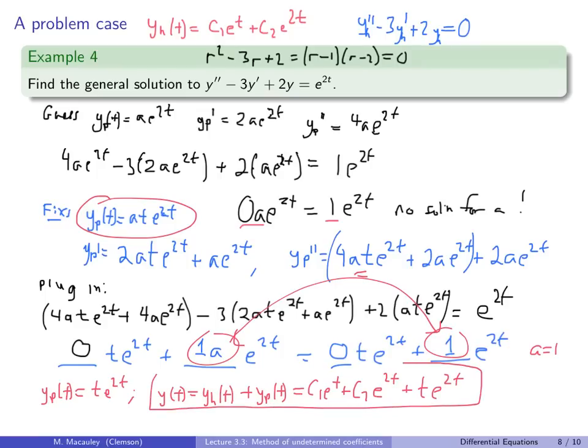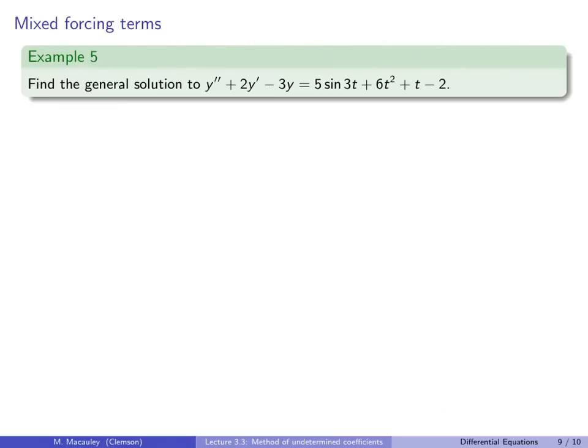So this again is always going to work: if the thing on the right hand side solves your homogeneous solution, stick a t in front and then proceed as normal.